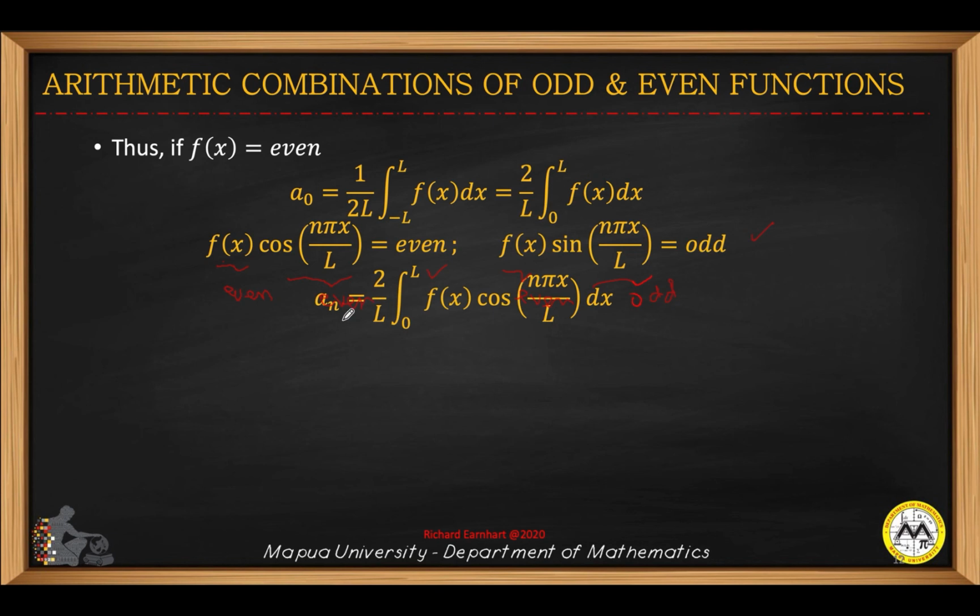When you evaluate a sub n, which is 2 over L times the integral from 0 to L of f of x cosine n pi x over L dx, take note that this one is even, even multiplied by even, so this is an even function.